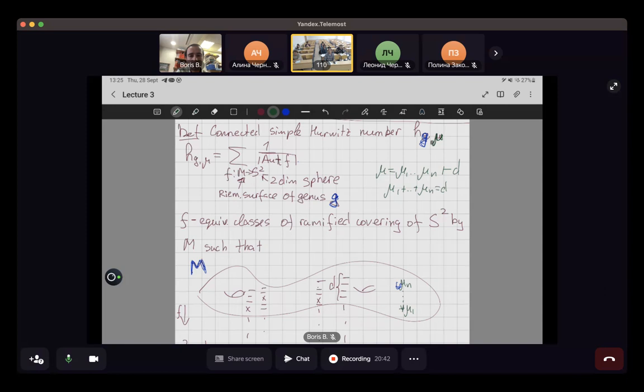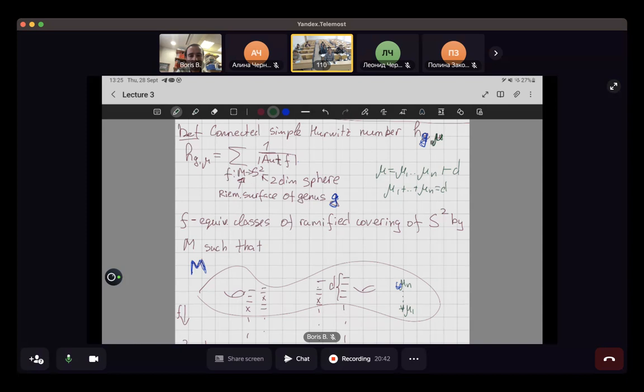So G, mu, and ramification critical values. But we want to say that G and mu uniquely determine the number of critical values, right?